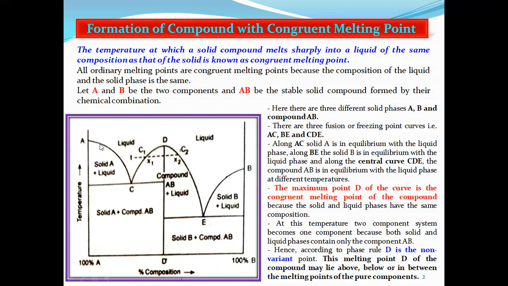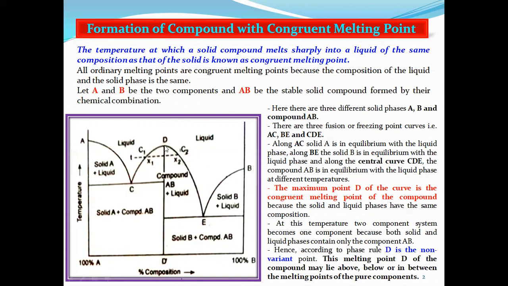Along AC, solid A is in equilibrium with the liquid phase, whereas along BE, solid B is in equilibrium with the liquid phase, and along the central curve CDE, the compound AB is in equilibrium with the liquid phase at different temperatures.